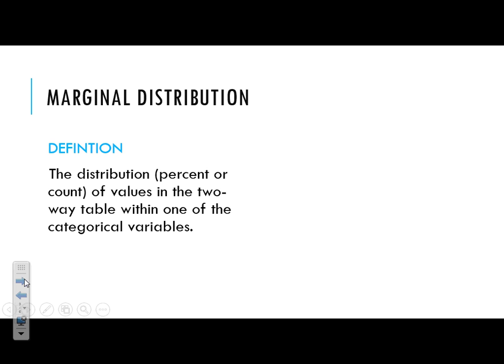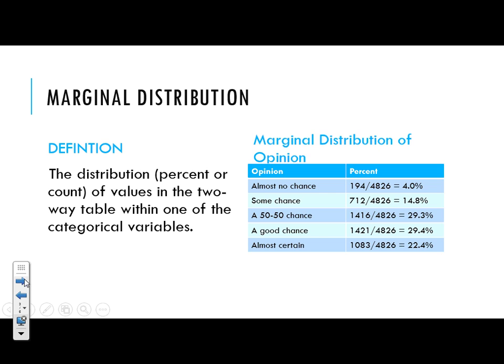In this problem, we could make a marginal distribution based on opinion, or we could make a marginal distribution based on gender. Those are our two categorical variables. So for my example, we're going to break down a marginal distribution based on opinion. And here would be an example of that.